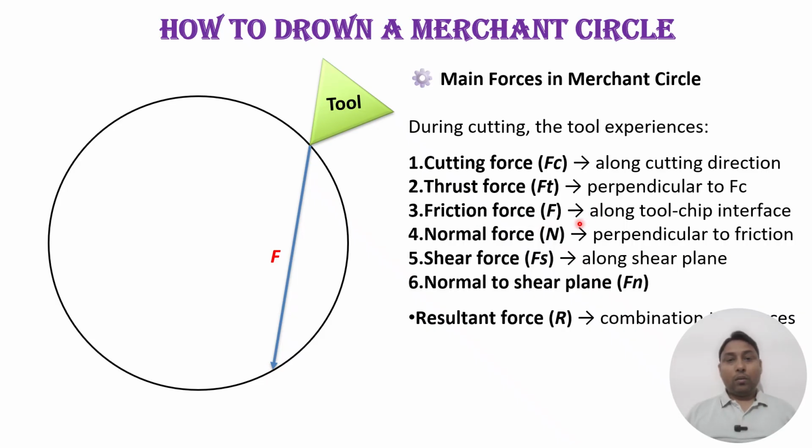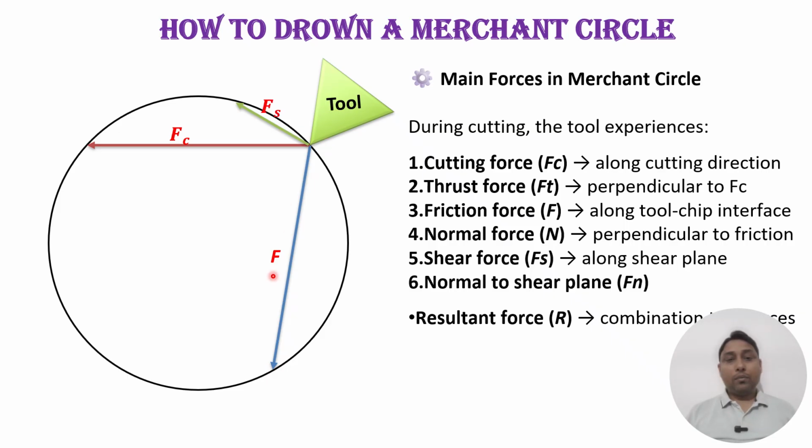Now to counterbalance the friction force, we know the normal force is generated. Now in this direction cutting is happening, so along this direction the cutting force is generated, denoted by FC, and this is the shear plane. So along the shear plane, shear force is generated.